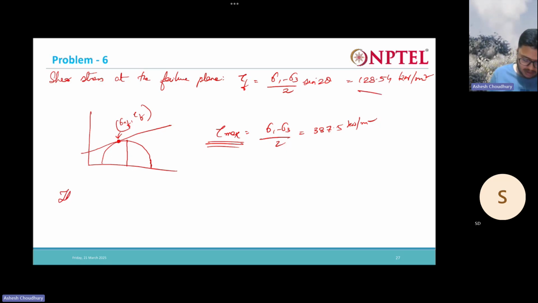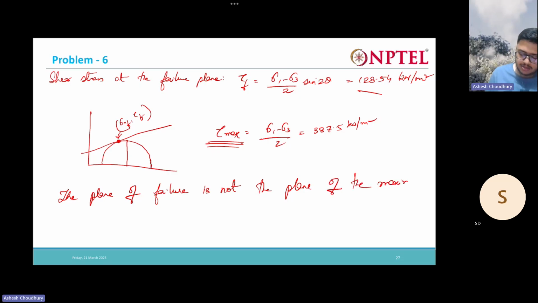Always remember, the plane of failure is not the plane of the maximum shear stress. The plane of the maximum shear stress is this one here, which is always inclined 45 degrees with the horizontal.